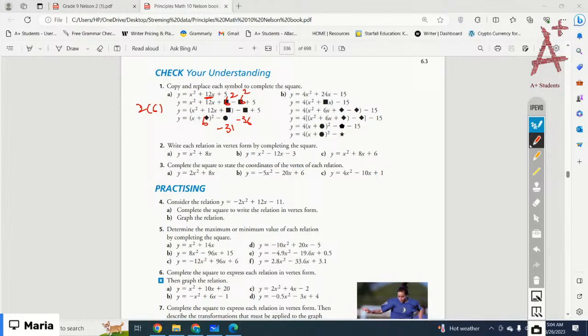Let's do the b part on the board. y equals 4x square plus 24x minus 15.